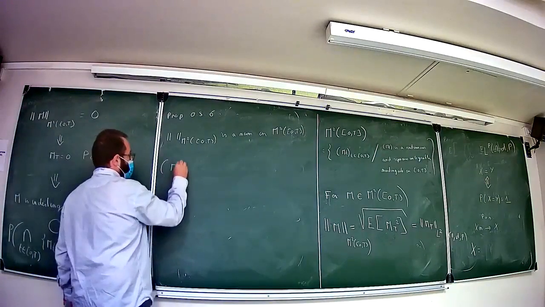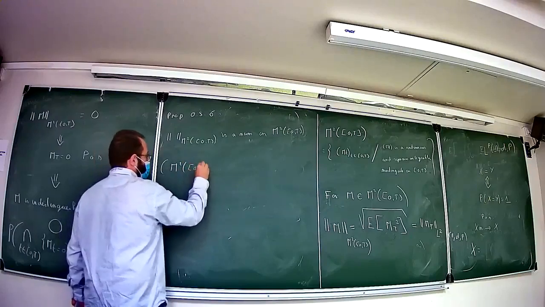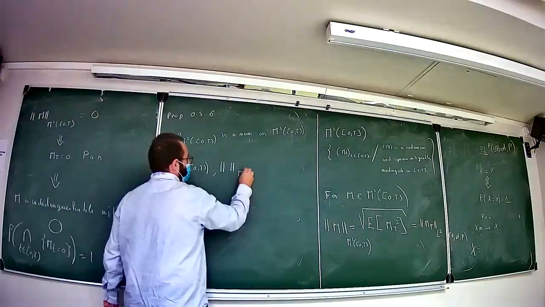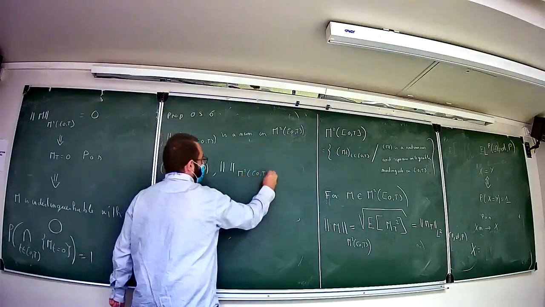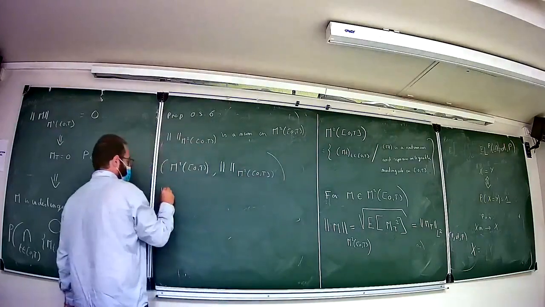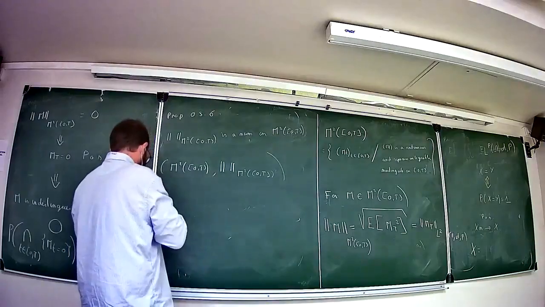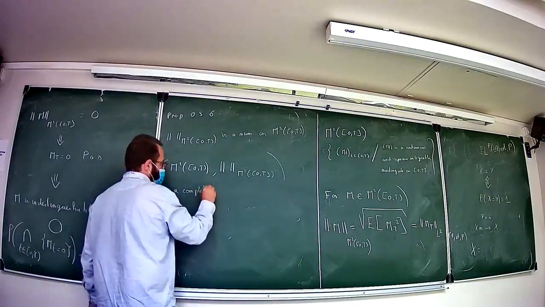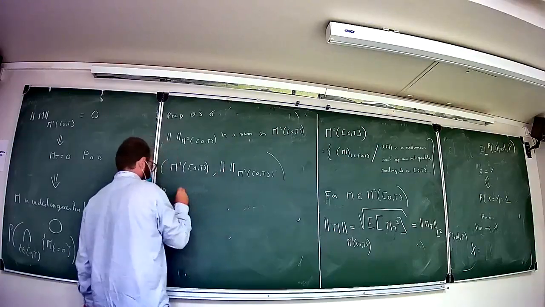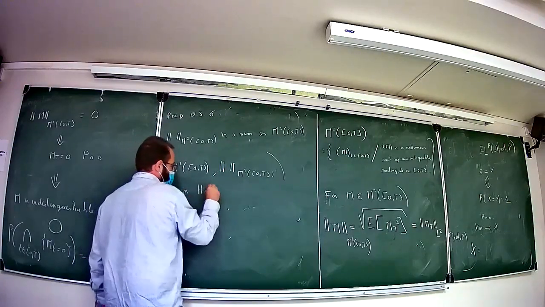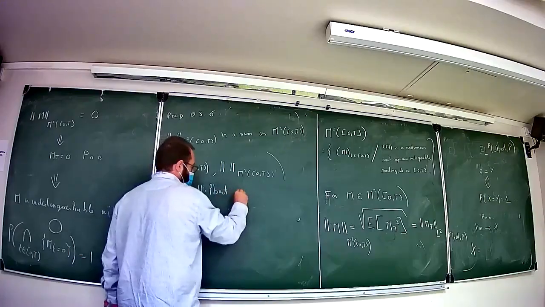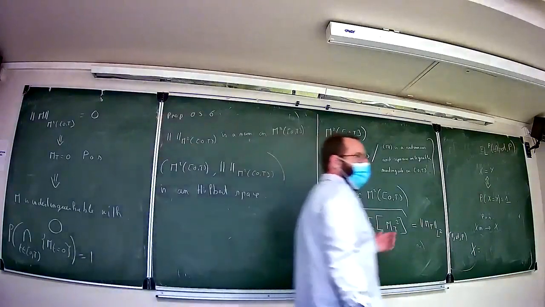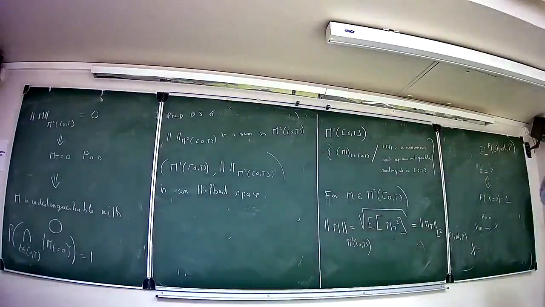And the second part is that M2 of 0 capital T equipped with the norm here is complete, or is a Hilbert space. Hilbert means that you have a scalar product and that you are complete.